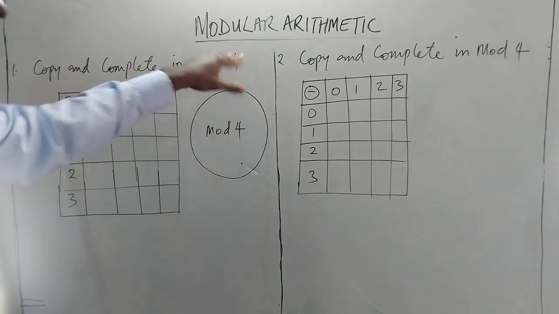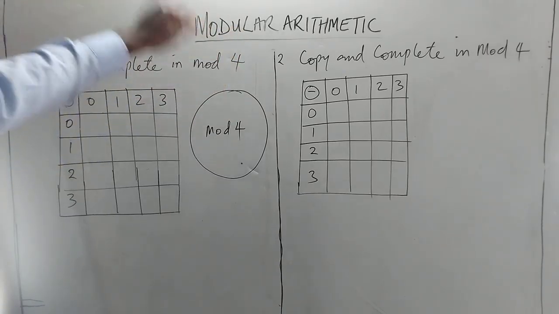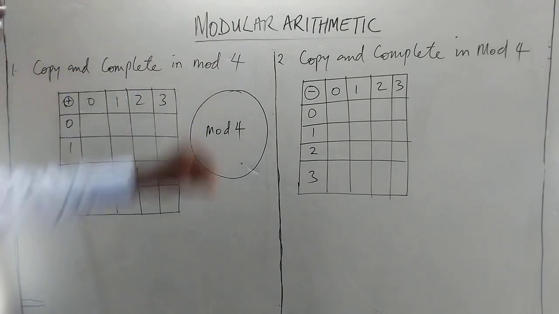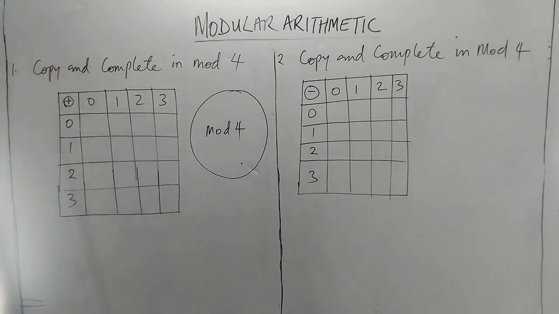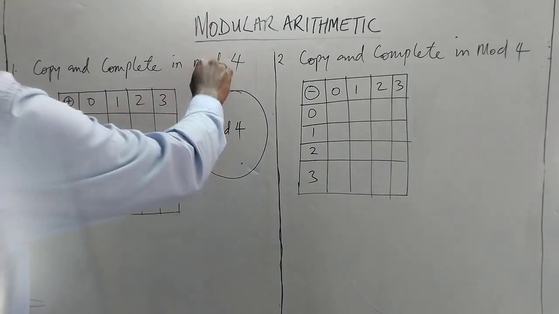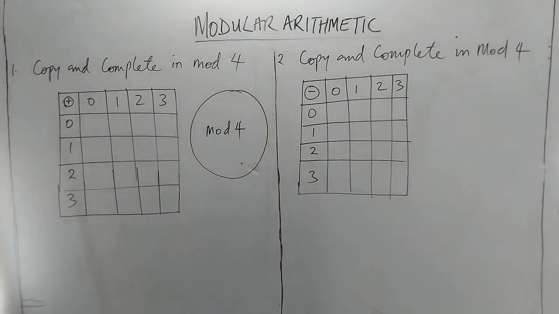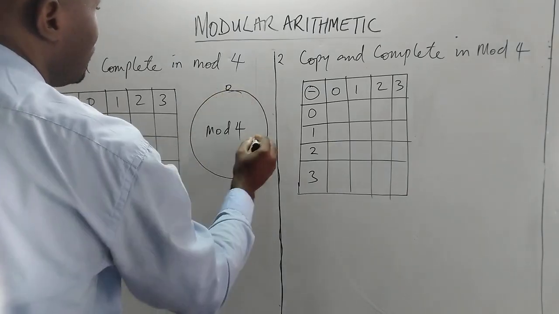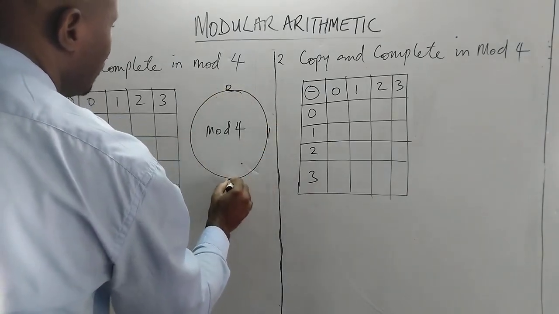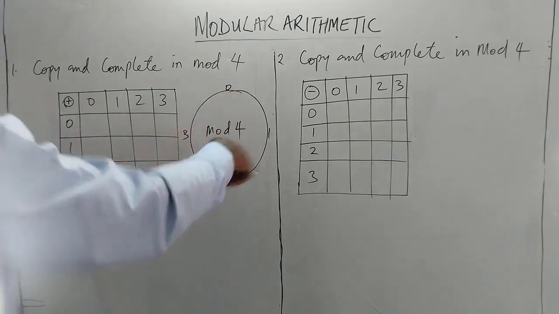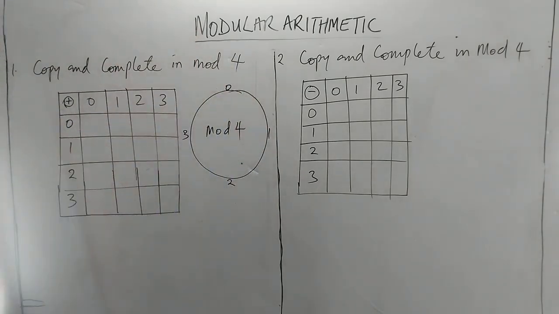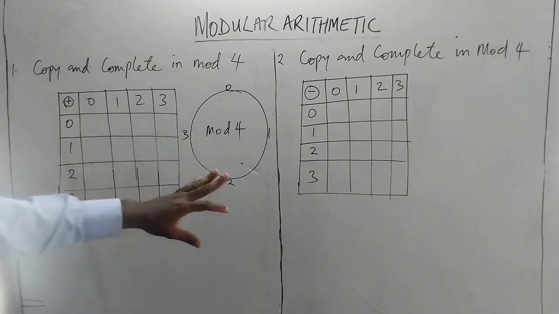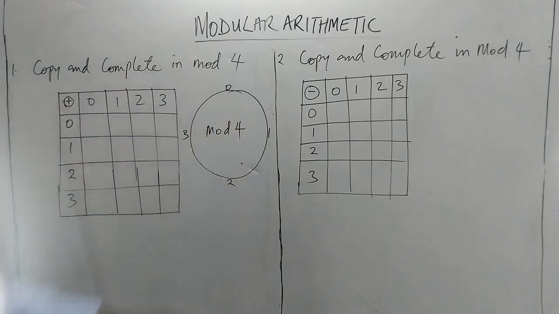Mod 4 cannot contain a digit that is 4 or more than 4. So the highest digit for mod 4 is 3. For our clock, we will have 0, 1, 2, and 3. So these are the numbers that are valid in mod 4.